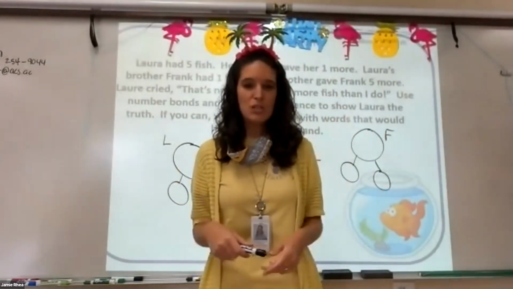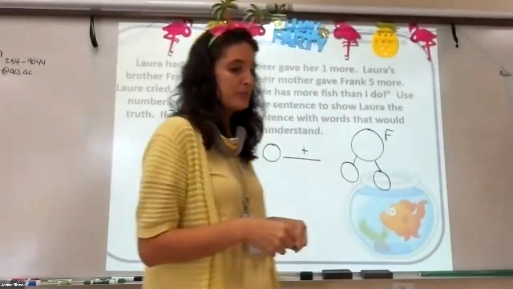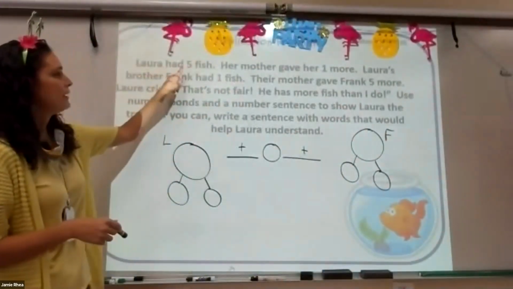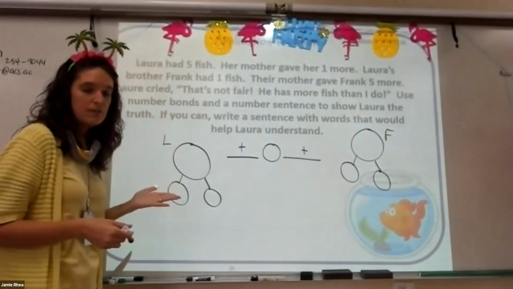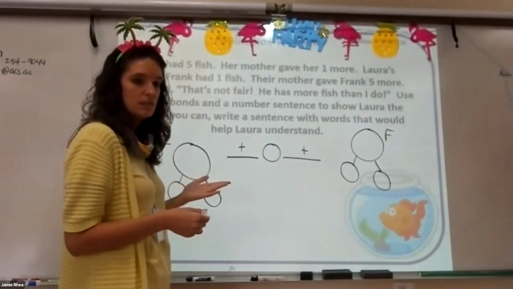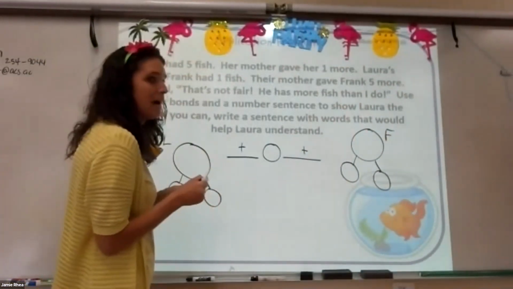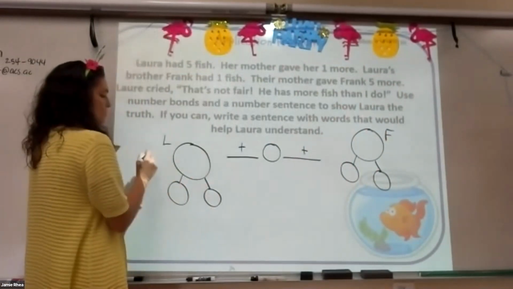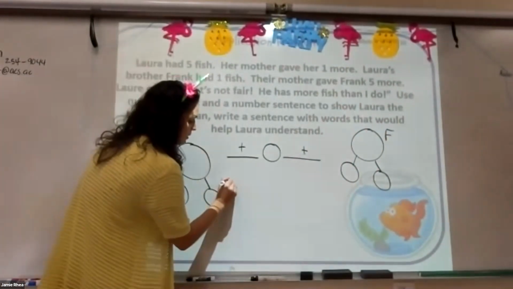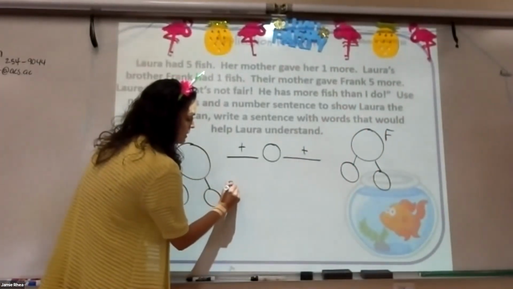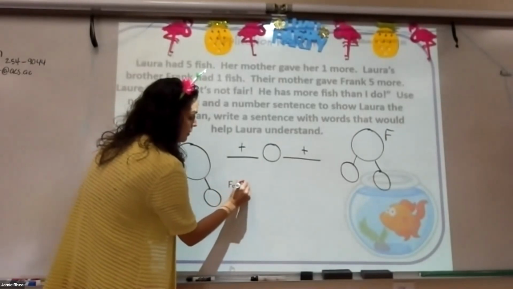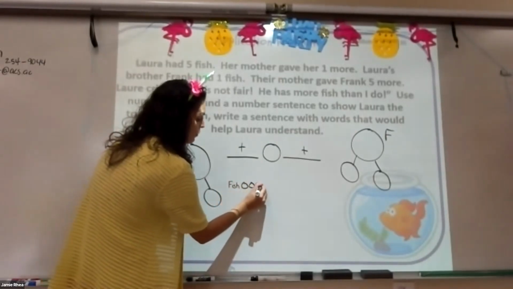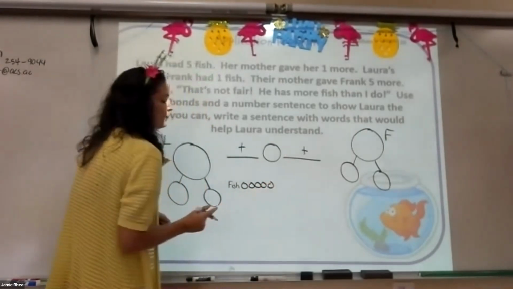So first thing we got to do is read the sentences and look for clues. Laura had 5 fish. How many fish did she have? 5. I'm going to draw a picture to help me. So I'm going to come down here. I'm going to label this one fish. And I'm going to say 1, 2, 3, 4, 5.